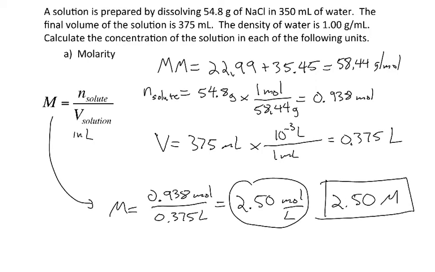Either way of reporting the units would be correct. So now that we found the molarity, let's go and look at the next unit that it would like us to calculate the concentration.